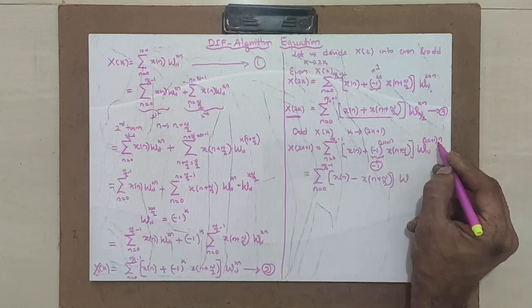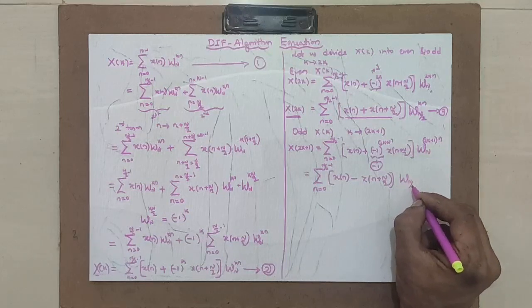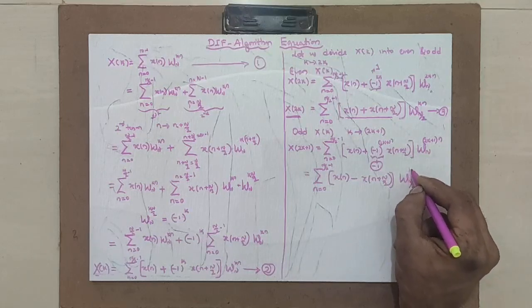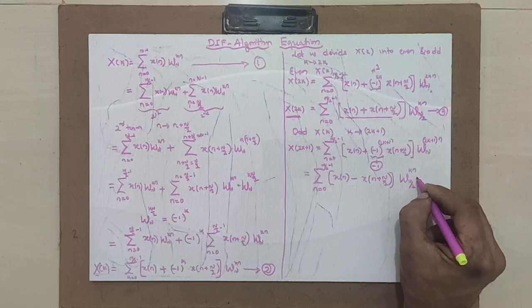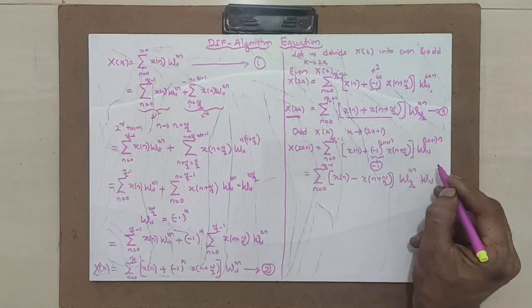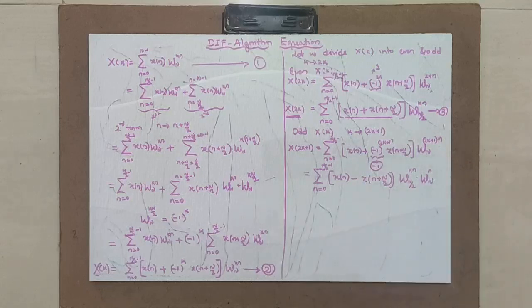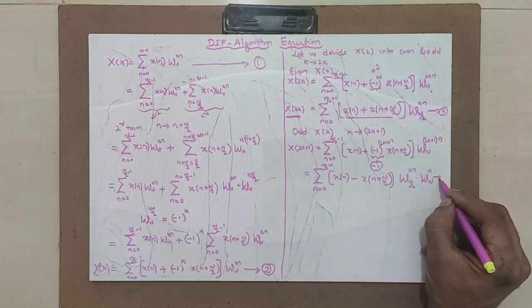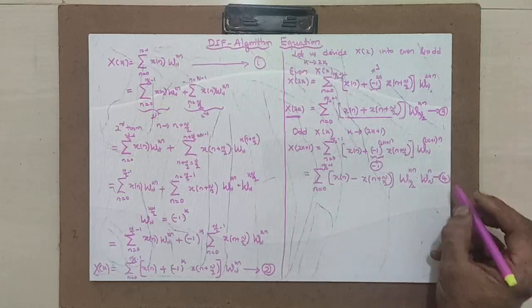In that 2kn, 2 I brought to the denominator, hence it became W_N by 2 raised to kn, multiplied by W_N raised to n. This is equation 4.